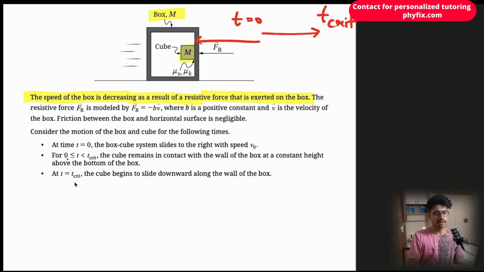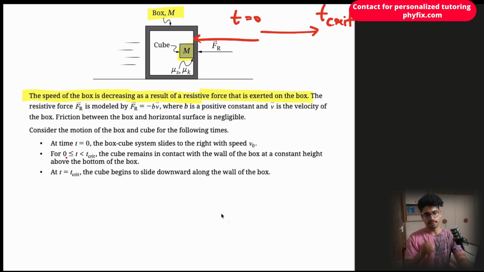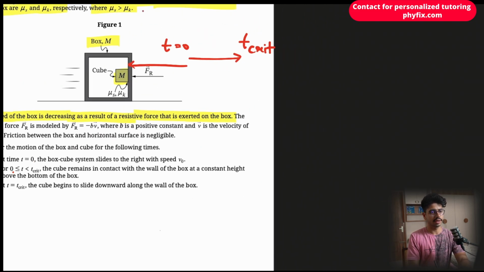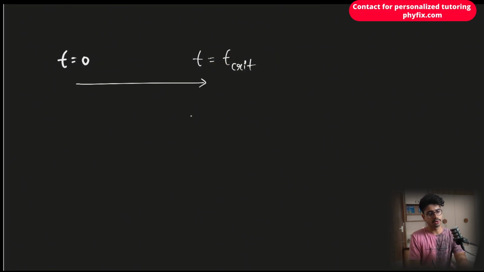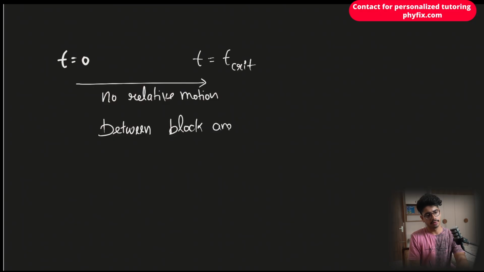Now at t equals t critical, the cube begins to slide down along the wall of the box. So they have mentioned that. If I quickly summarize, there is no relative motion between the block and the cube.